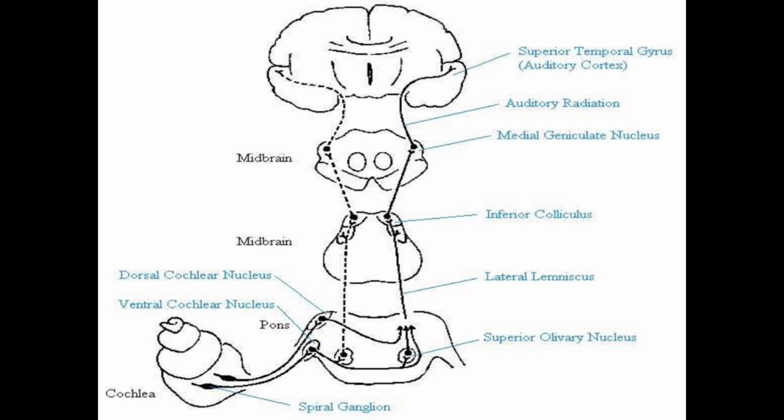From here, most of the fibers cross to the opposite side to terminate in the superior olivary complex. The third order neurons begin in the superior olivary complex and ascend up as the lateral lemniscus and finally terminate in the medial geniculate body of the thalamus.